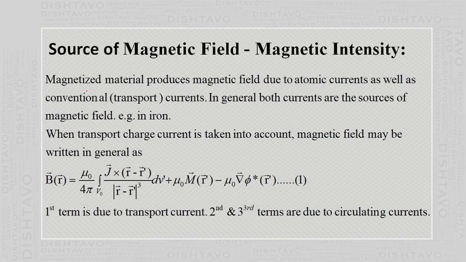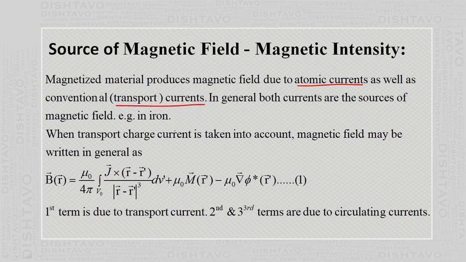So this magnetic field is produced due to the atomic current. It is produced because of the atomic current. Atomic current means the current of charges, the electrons, which are circulating around the nucleus. So the atomic currents produce a magnetic moment. Then besides that, there is the transport current, that means the regular current. Now this transport current will be something external.